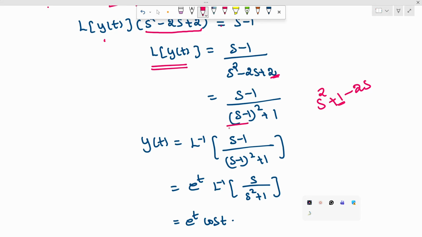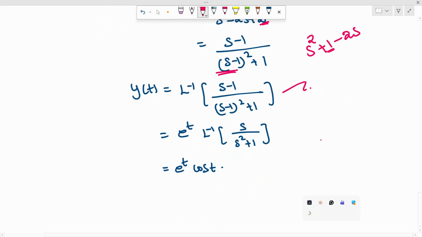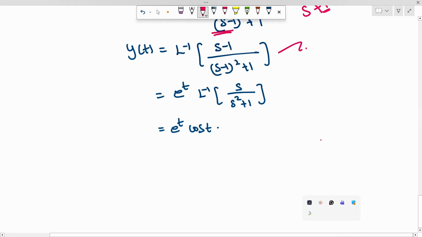So y of t equals, this L goes to the right hand side, it will be L inverse of s minus 1 divided by s minus 1 whole squared plus 1. Now apply the L inverse formula.